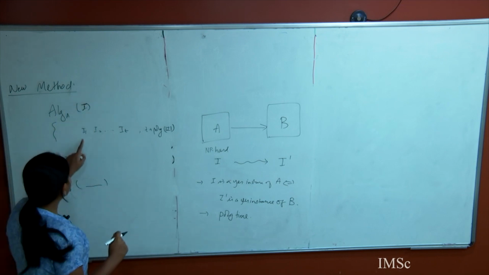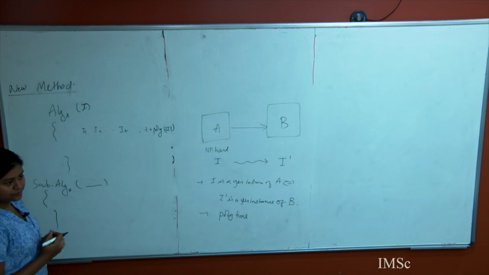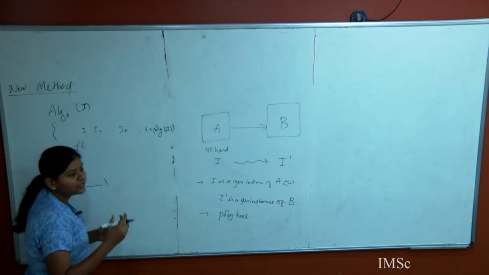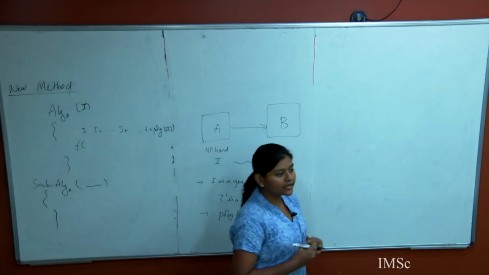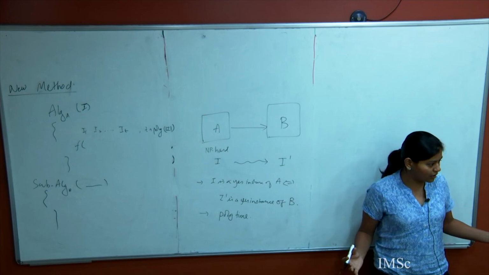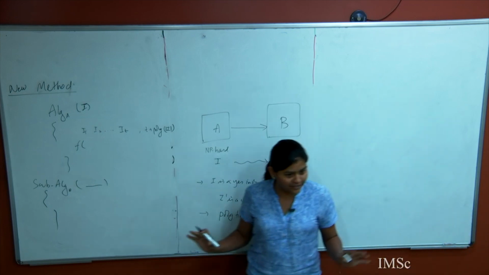Now I made t instances of this problem B. They need not be independent. I may create instance I2 depending on the output of instance I1. So it may not be completely independent.